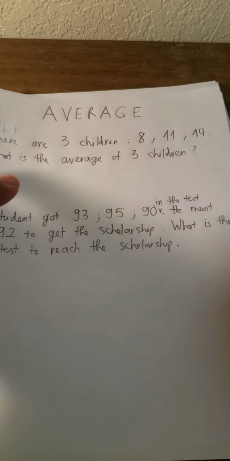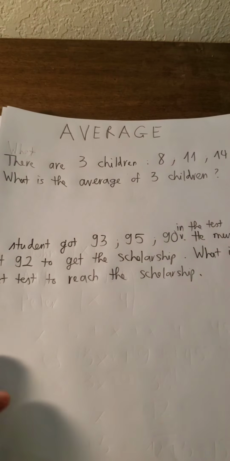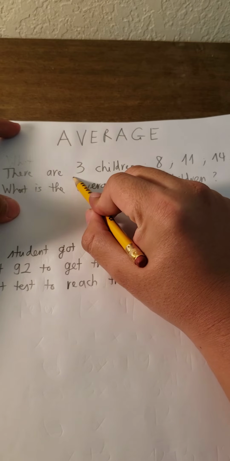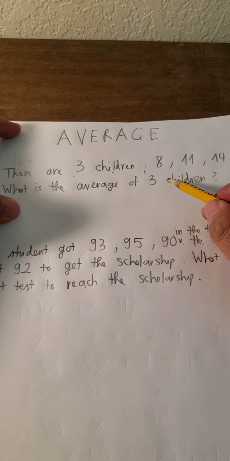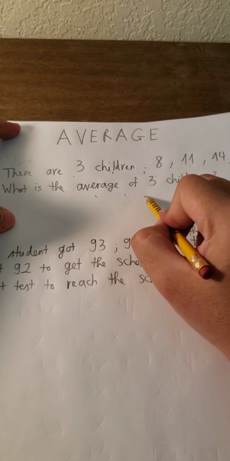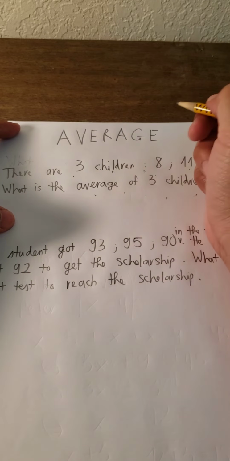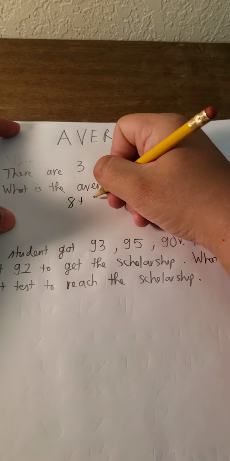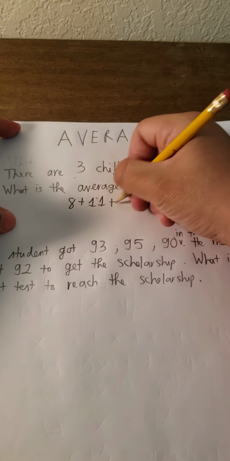So the average is on the test too. We have 3 children, aged 8, 11, 14. What is the average of the 3 children? We just sum together first: 8, 11, 14.